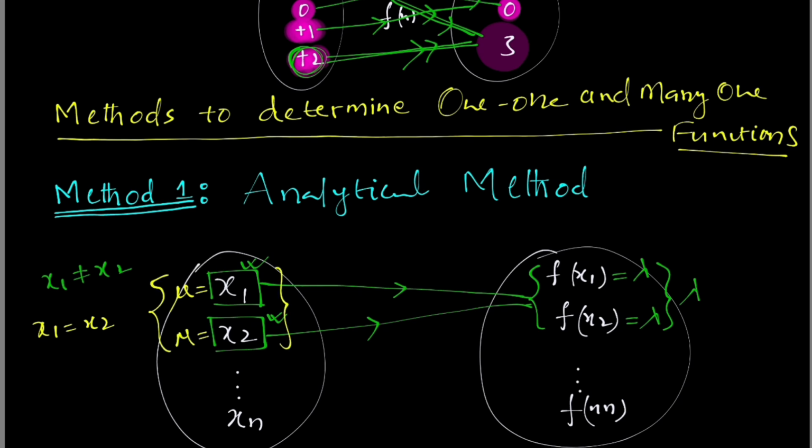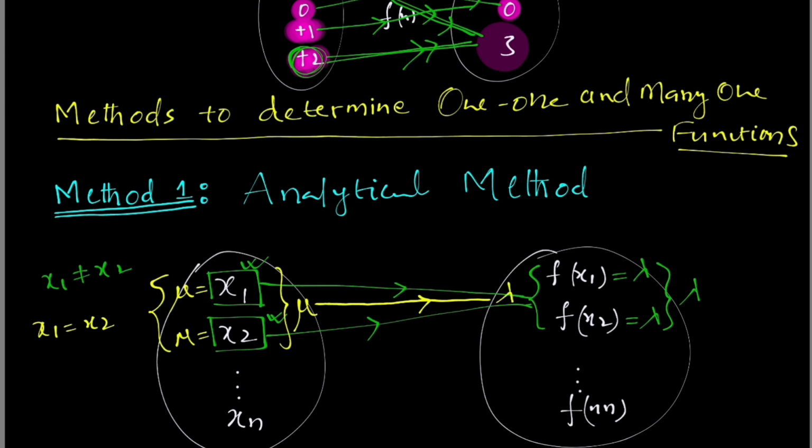Together I can write it is equal to mu. I don't repeat the values, that's why I'm simply replacing with mu. X1 and x2 replaced by mu, and for the single input, I will be getting a single output, that is lambda. Means whenever I'm substituting mu, I'm getting lambda.